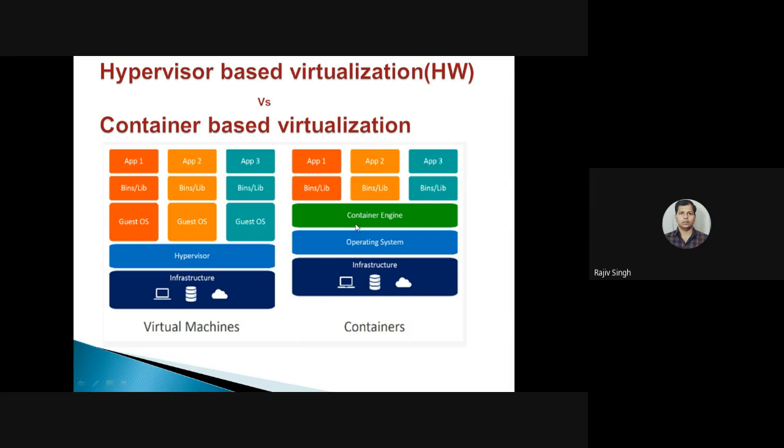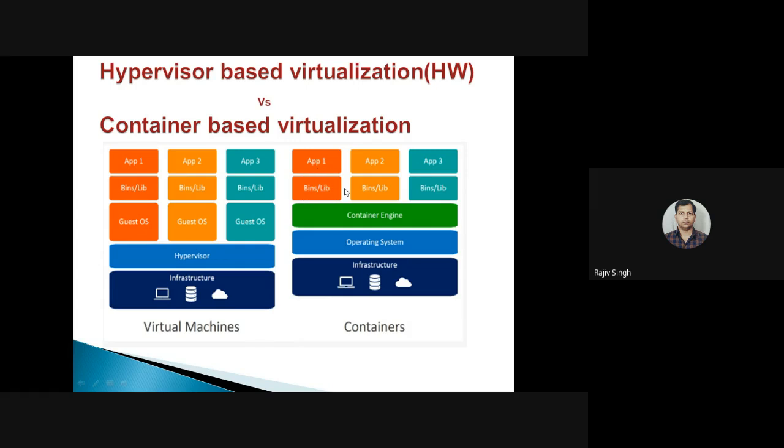It will create multiple containers, like virtual machines. And these containers will not have their own operating system. They will have just the footprint of the operating system, and the rest of the operating system functionality will be extracted from the host operating system. So there is no need to install the operating system here.